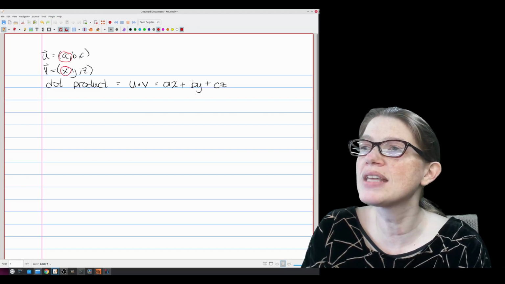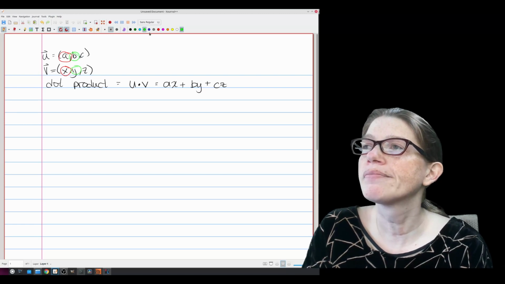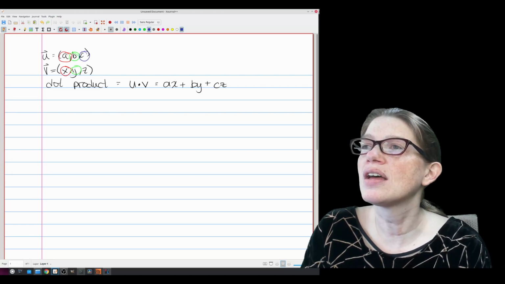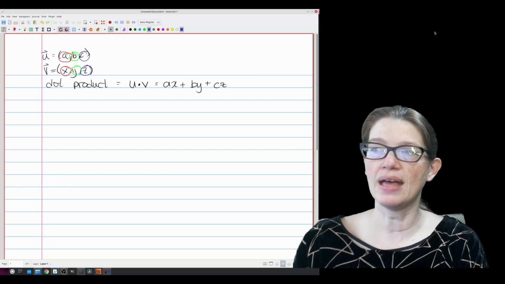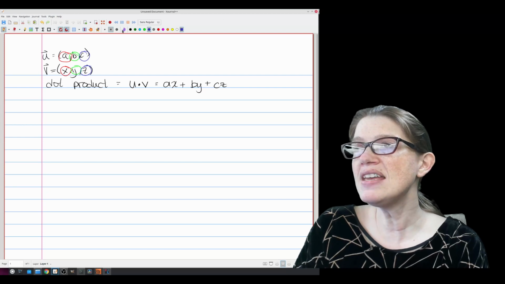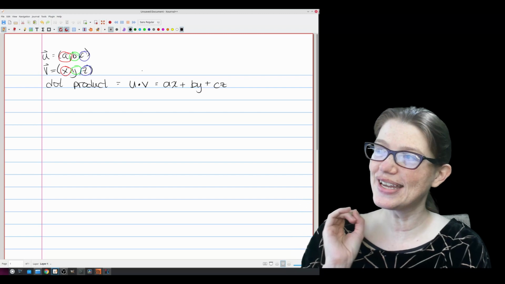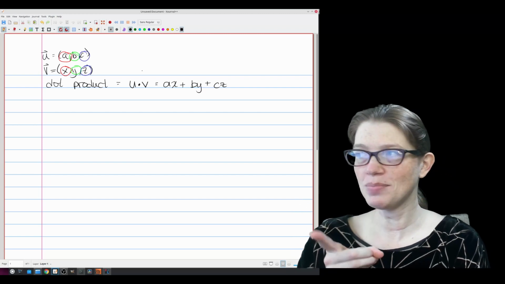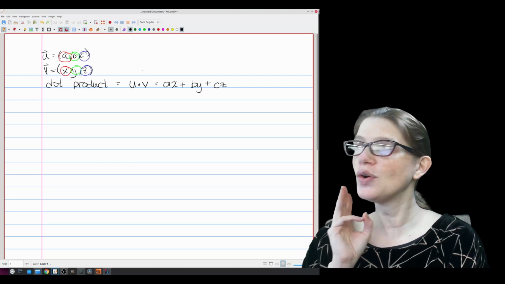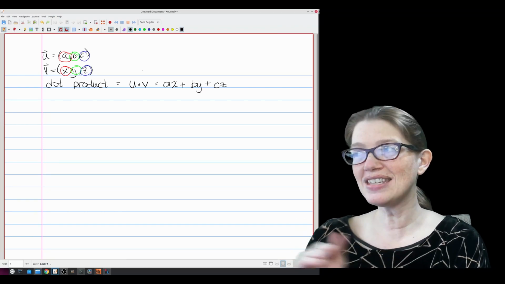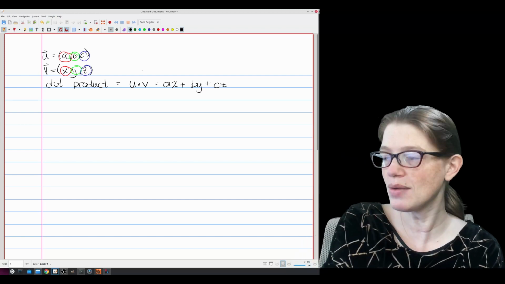We do a times x plus b times y plus c times z. So it's the pairwise multiplications, and then we add them all up, and that's how you get the dot product. And this is something that you are going to see everywhere. You're going to see it when we're computing ray directions, when we're doing lighting equations, and when you do shaders. This is a piece of math that is pervasive throughout computer graphics. We couldn't live without it.